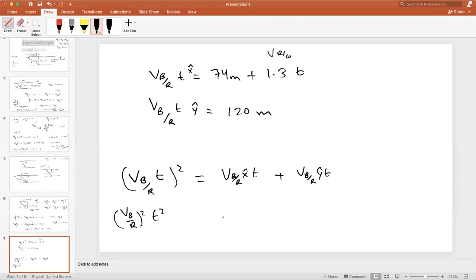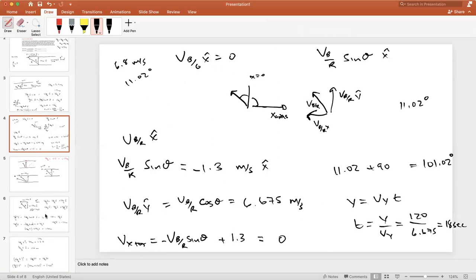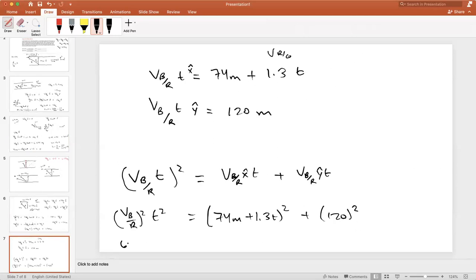And remember again, we know what these are. This is 74 meters plus 1.3 t, squared, plus 120 squared. And this was 6.8, I believe. So this is 6.8 squared. I'm going to move to a new slide.